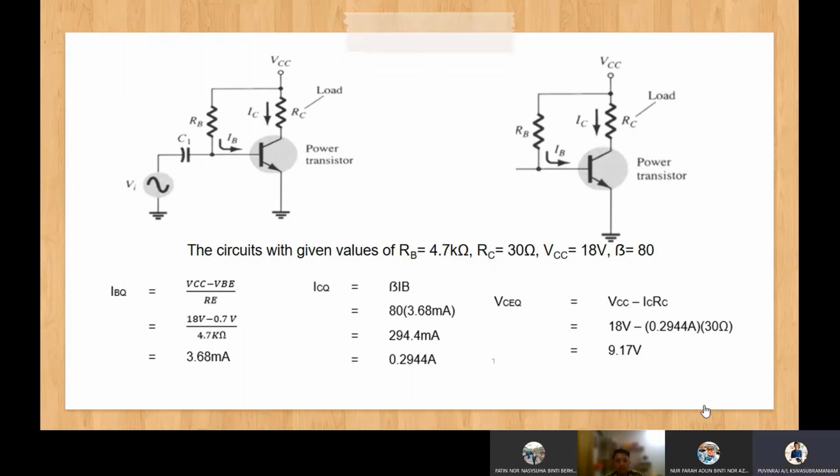By inserting the values given, we obtain VCEQ of 9.17 volt. With these three calculated results, we can sketch the DC load line and identify the class of this circuit by referring to the DC load line. Okay, I will pass this to Puvin.